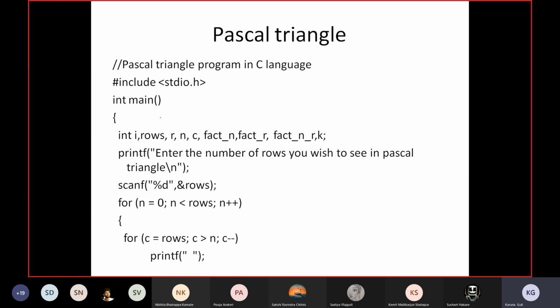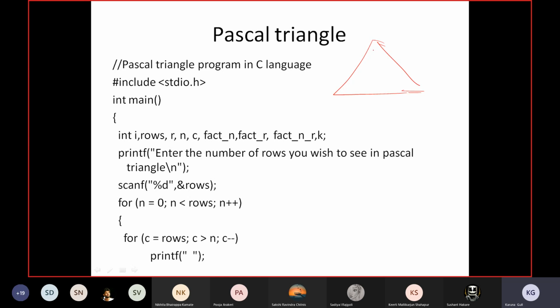So look at these things. How many factorials do you have to find out to calculate? Don't look at the program, just tell me what you're supposed to find. Because I'm interested to draw the Pascal triangle.